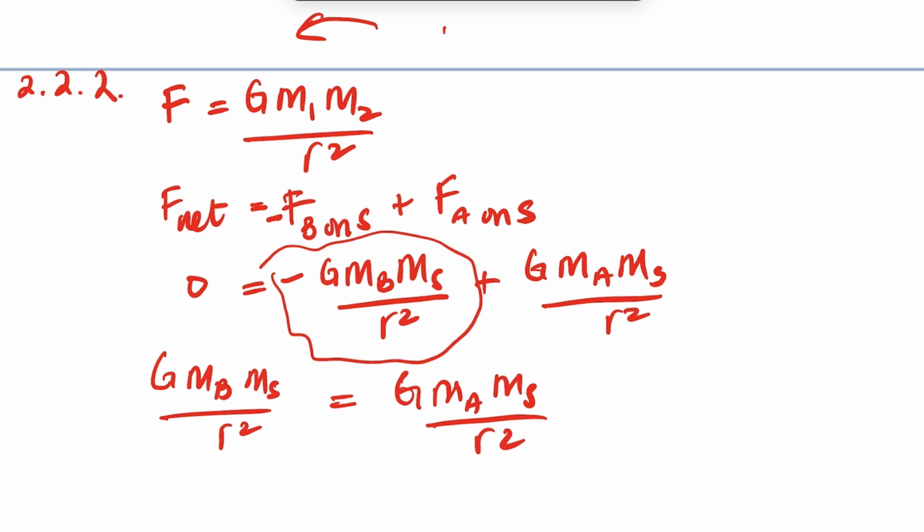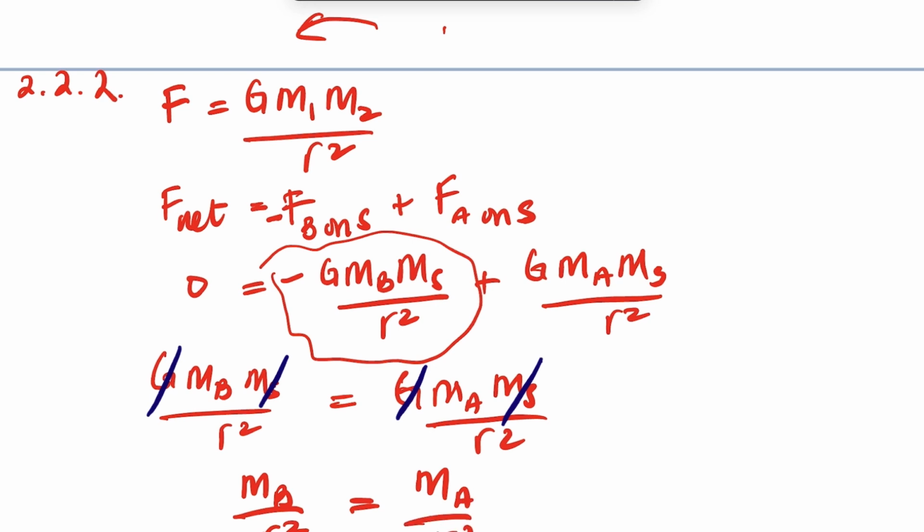There will be cancellation. The G and the G will cancel, and the mass of the spaceship and the mass of the spaceship will cancel. So we'll be left with mB divided by r squared equal to mA divided by r squared.